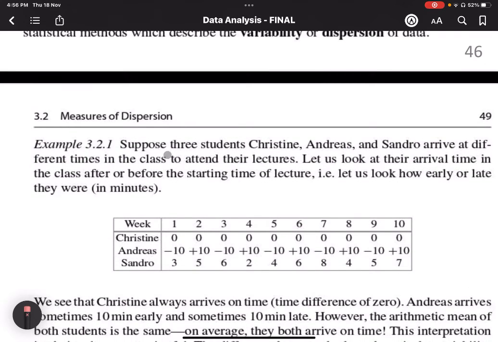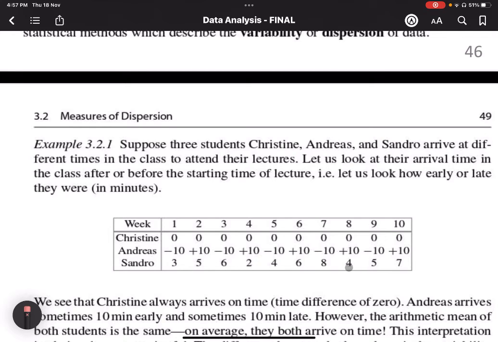Suppose, for example, we have three students, Christine, Andres, and Sandro. Okay, ito yung kanilang attendance. So, yan, late, okay, ahead of time, late. So, sa Christine, laging on time. Ito, pag minsan late, pag minsan ahead. Ito naman, madalas ay late, pag minsan ahead.